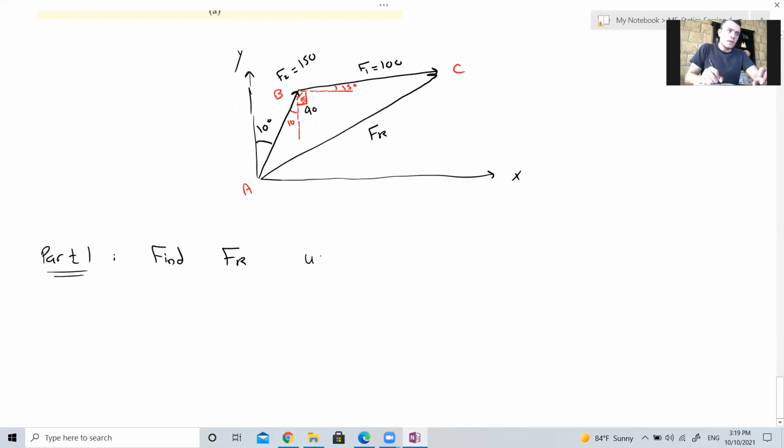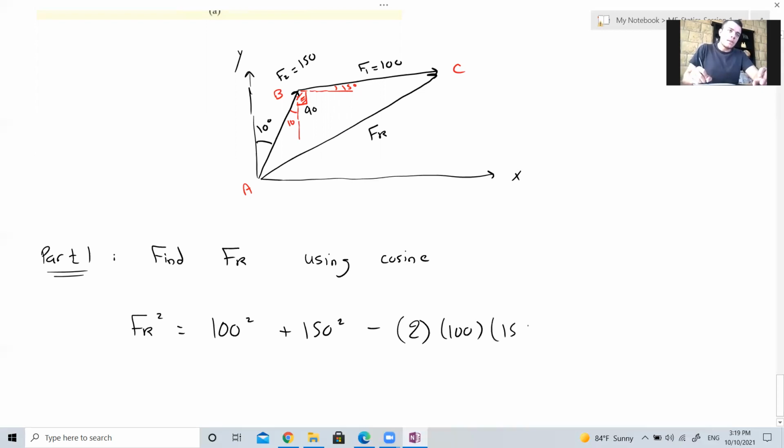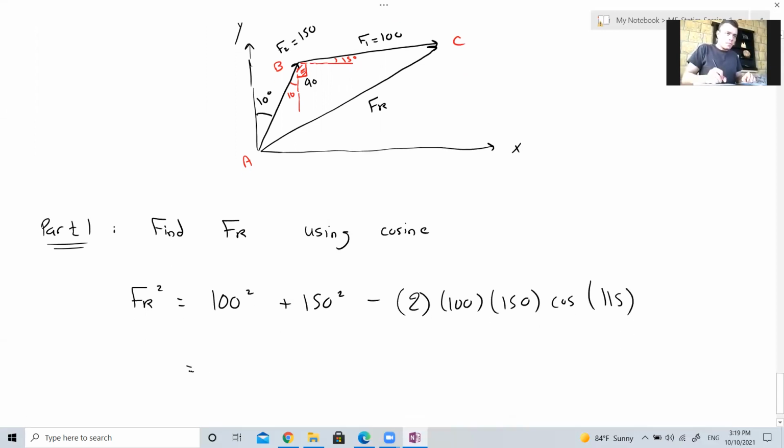So FR squared equals 100 squared plus 150 squared minus 2 multiply 100 multiply 150 multiply cosine 115. It's not 215, it's 115, because 90 plus 10 plus 15. Can you see it? 115.